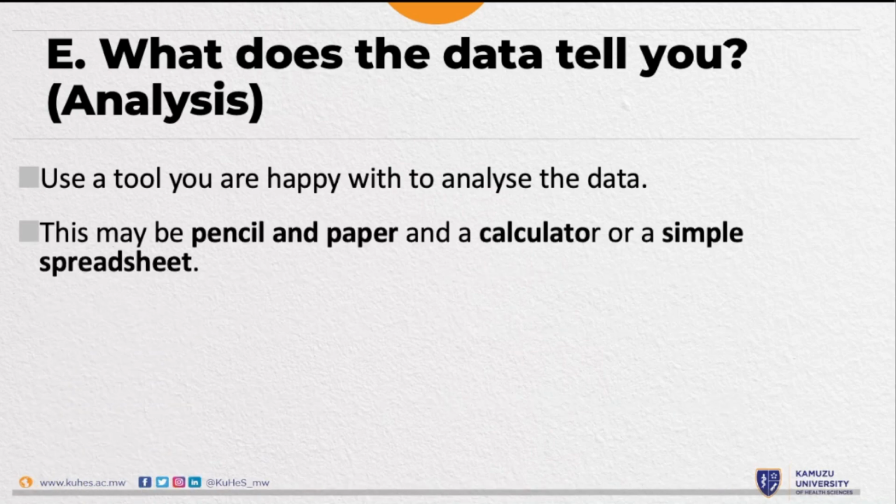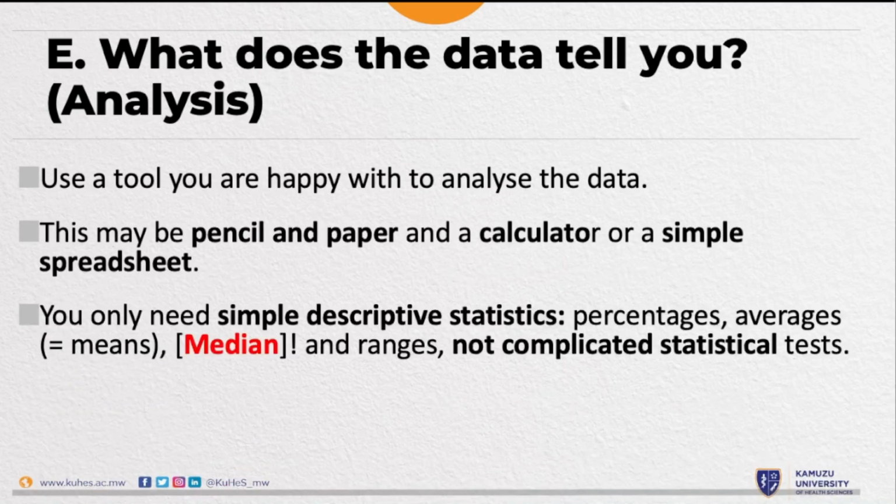Your analysis will help you now to say what is being done here. You have your results, but when you are doing that, don't use complicated statistics. We just finished a QI training one week ago, where we were told that the best statistical measure you can have is the median rather than the mean, because the mean is affected by outliers.